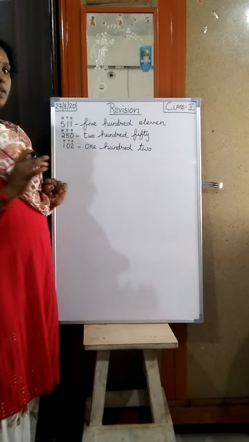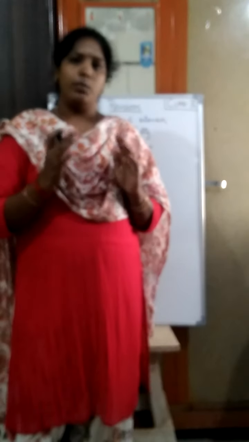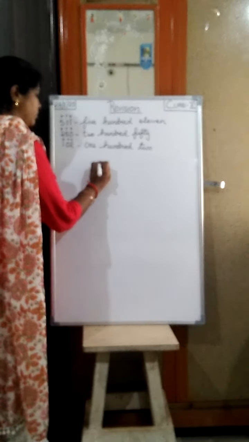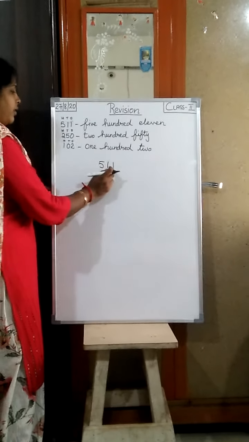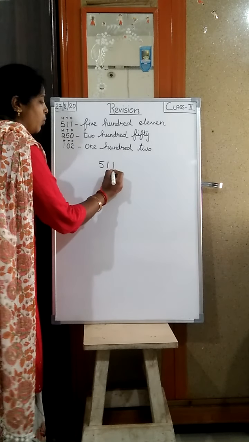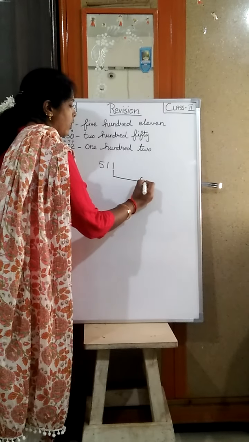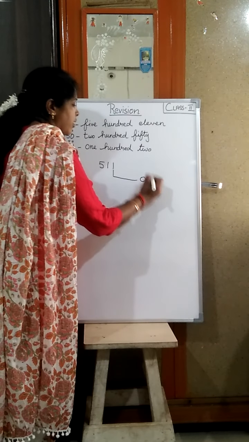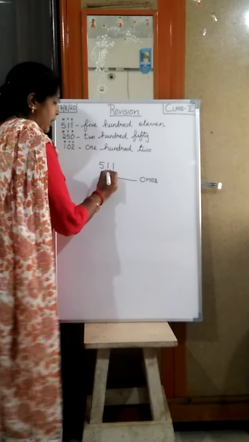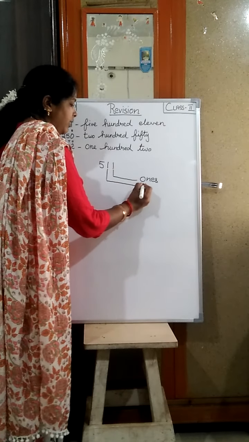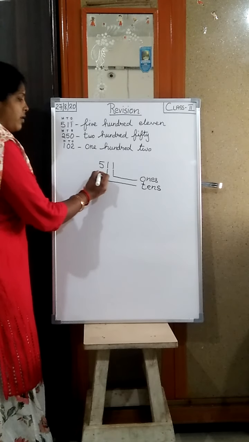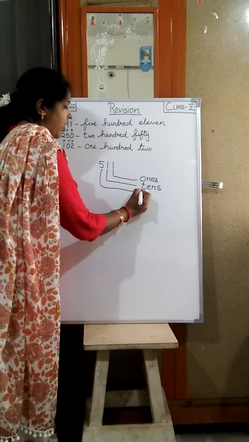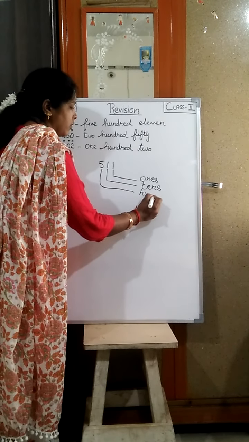Using the same numbers, we will be learning place value. See now, 511. So 1 is in ones place. Okay, and another 1 is in tens place. Now 5 is in hundreds place.